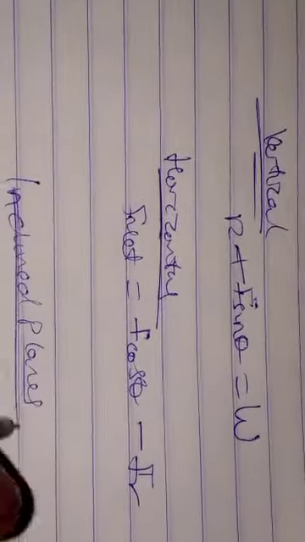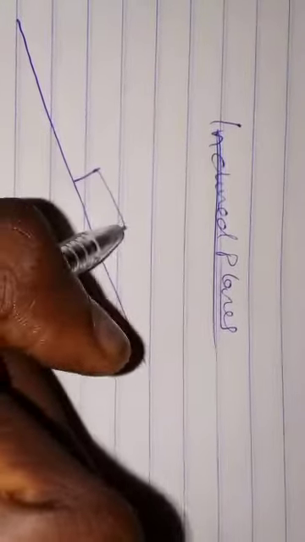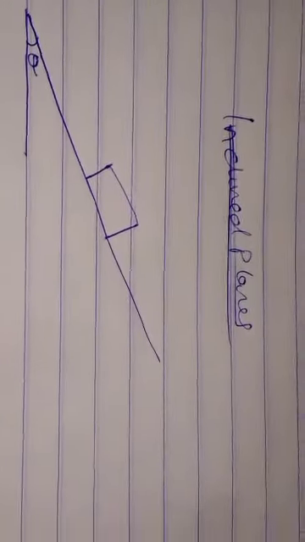Inclined planes. Yes, if a body is inclined, let's draw something like this. So this is an inclined plane. Let's say it's at an angle, maybe theta. So yes, let me just explain.